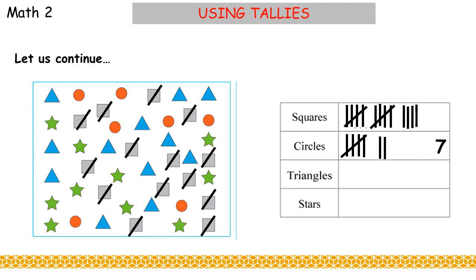How many squares do we have? Yes, we have 14 squares.